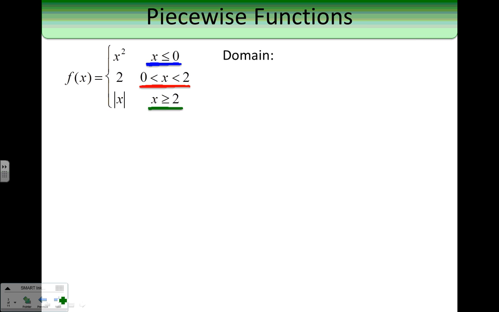So if we put that together, we have x is less than or equal to 0, so that is anything from negative infinity to 0. It can be equal to 0. For this one, I have between 0 and 2, but not equal to 0 or 2.